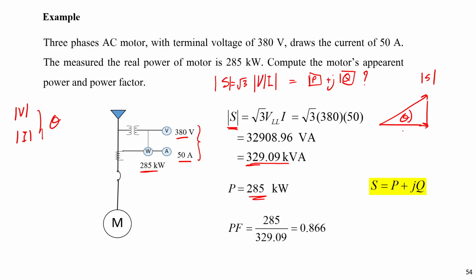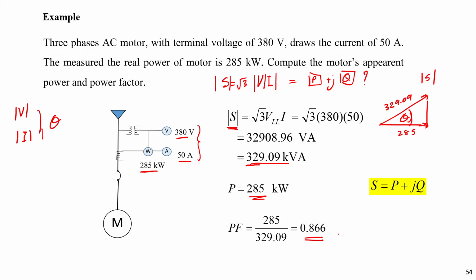The total is 329.09 and this is 285. So now the information is enough to compute, right? The power factor is 285 divided by 329, yeah, it's 0.866.